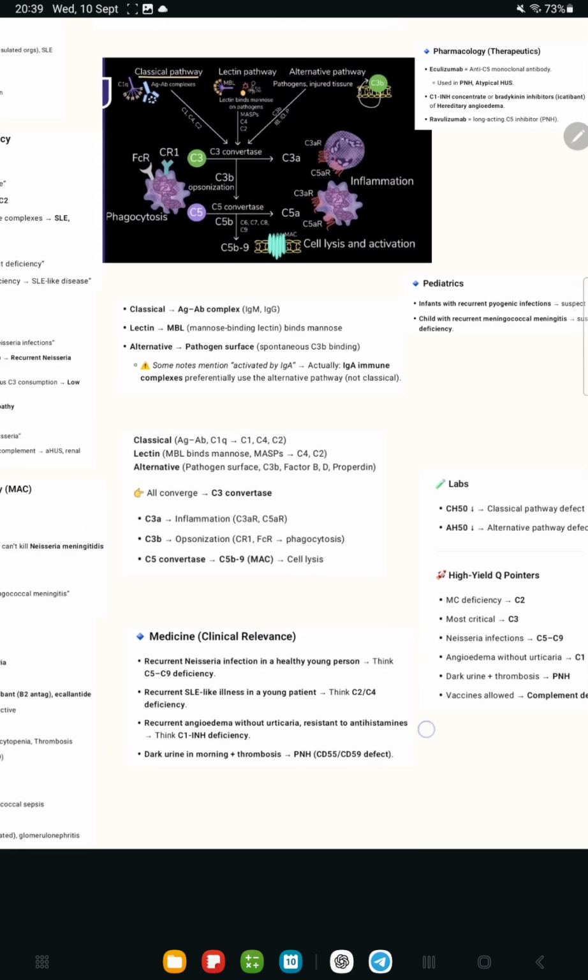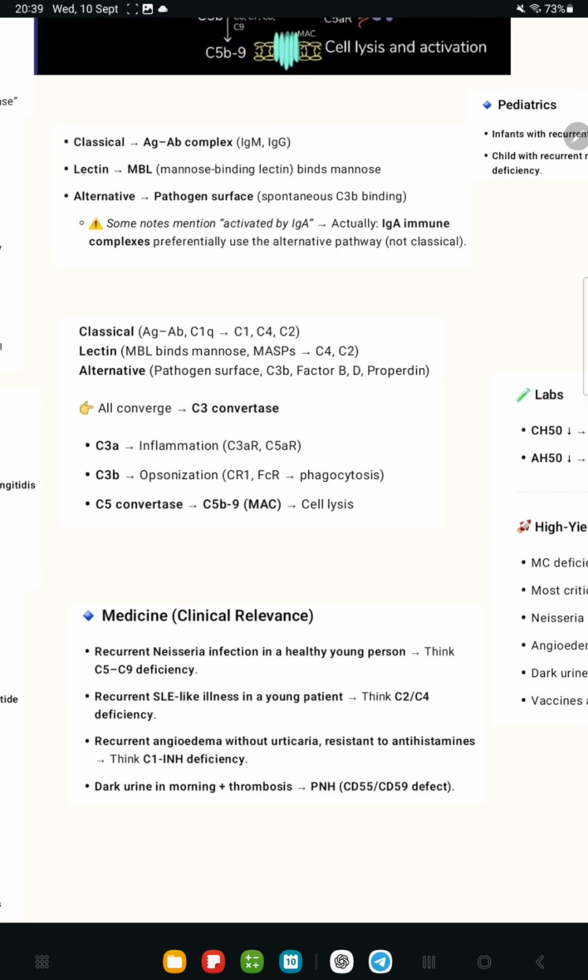This we have done. Now from the medicine point of view, anytime in a question they have written recurrent Neisseria infection in a healthy young person, think about C9 deficiency. Recurrent SLE-like illness in a young patient, think about C2, C4 deficiency. Recurrent angioedema, but the buzzword is without urticaria, without pruritus, and resistant to antihistamines, think about C1 inhibitor deficiency.